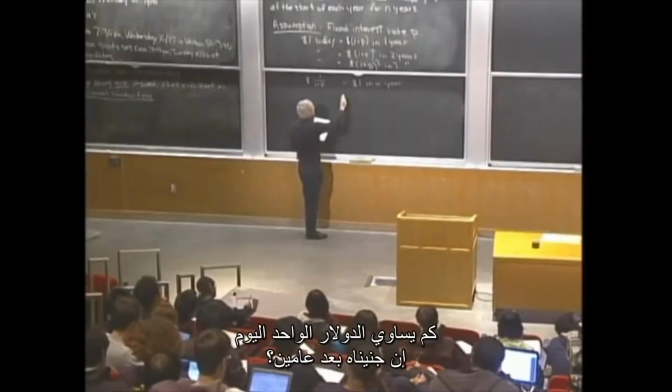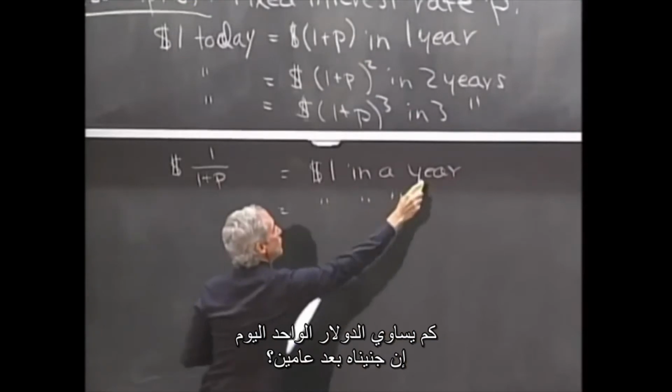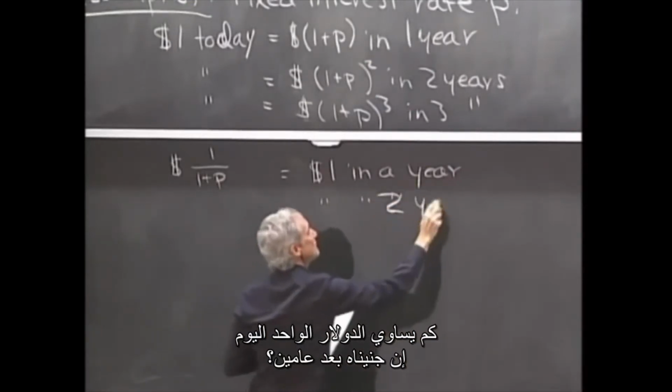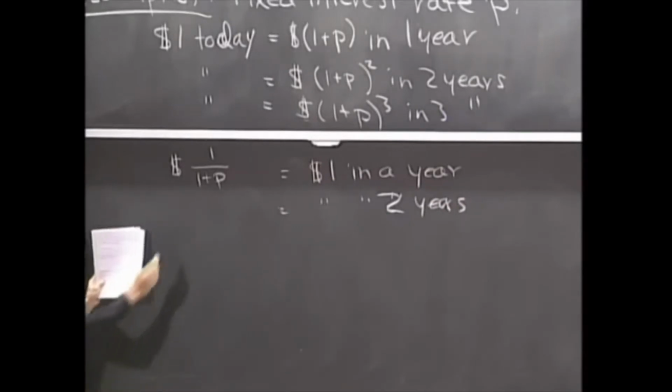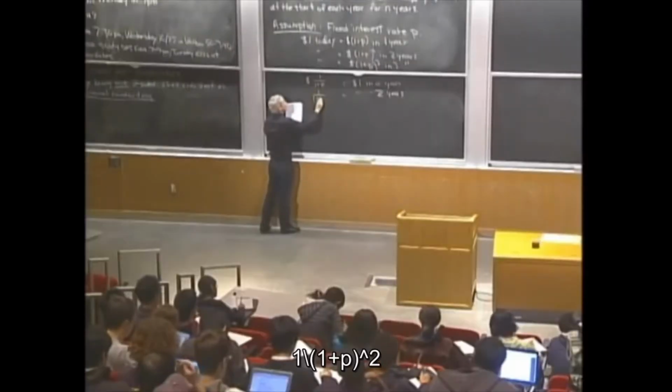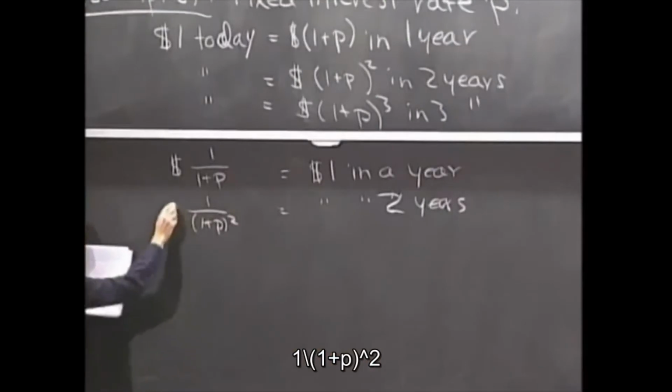All right, what is $1 in 2 years worth today? 1 over 1 plus P squared. So $1 in 2 years is worth this much today.